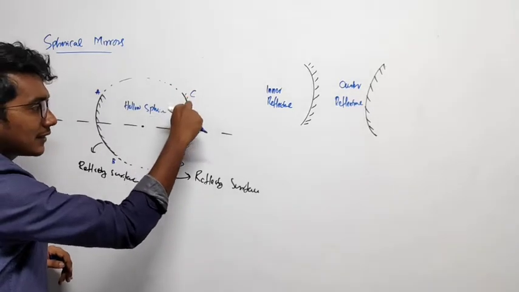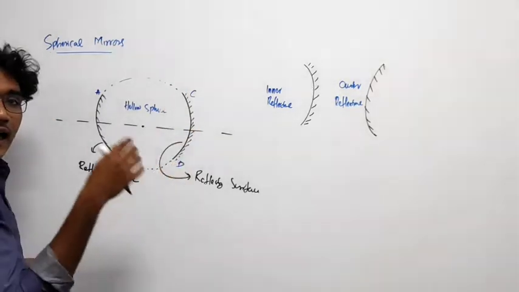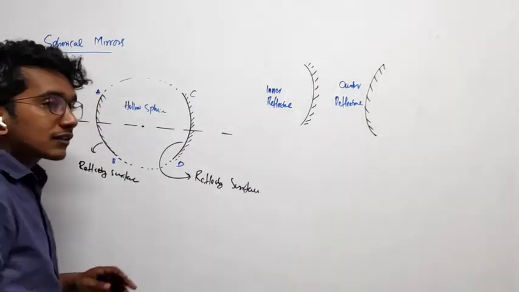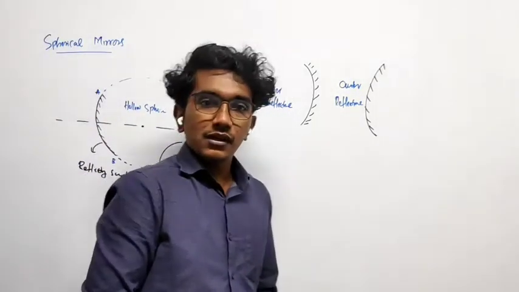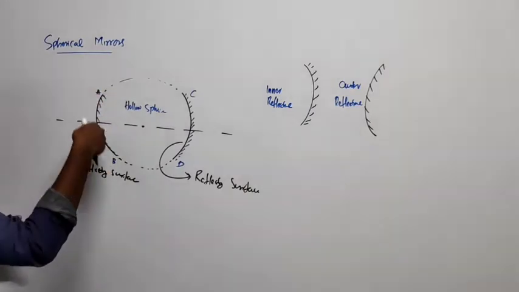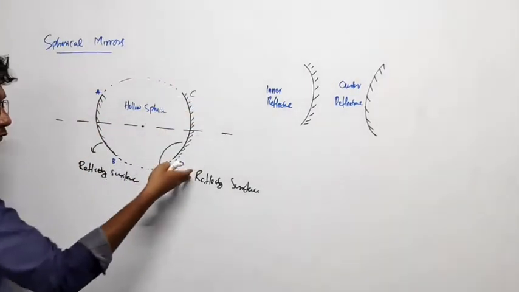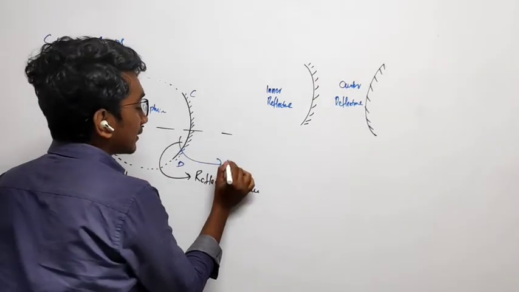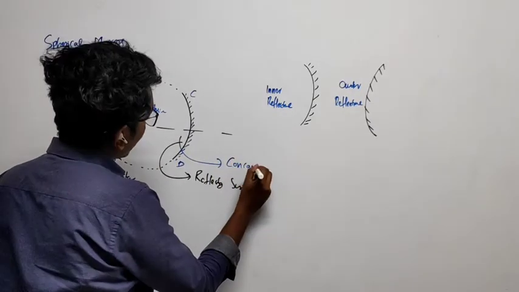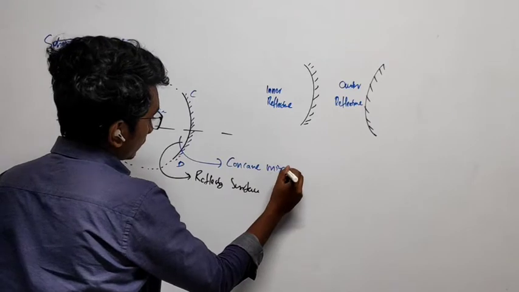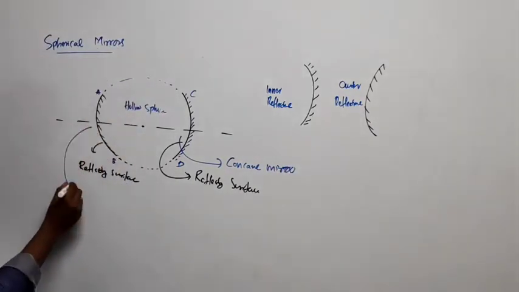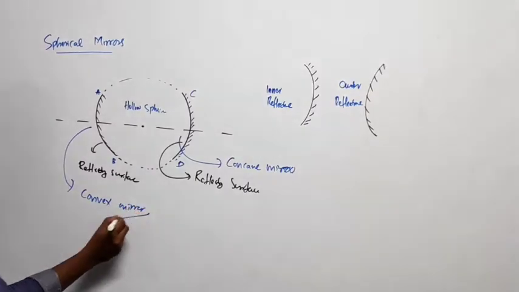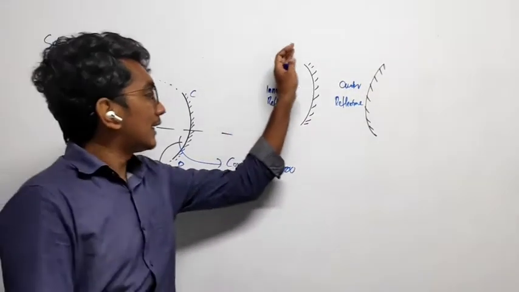If I make the outer surface of AB reflective, and the inner surface of CD reflective, then we call CD a concave mirror and AB a convex mirror. Here the inner surface is reflective for one, and the outer surface is reflective for the other.